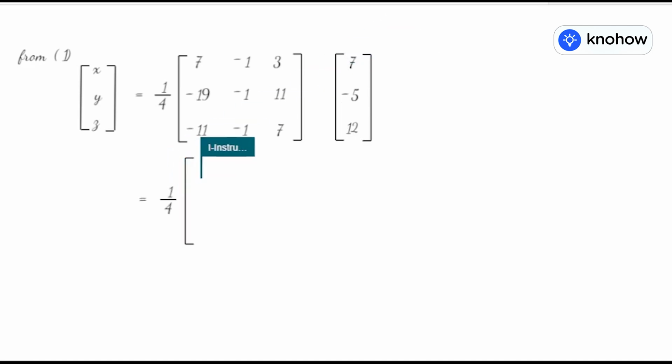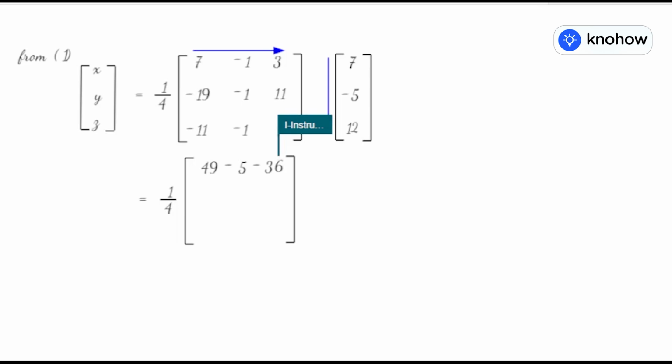So you get 49 minus 5 minus 36. Repeat the process with the second row and you get minus 133 and minus, minus, plus 5 and plus 132.